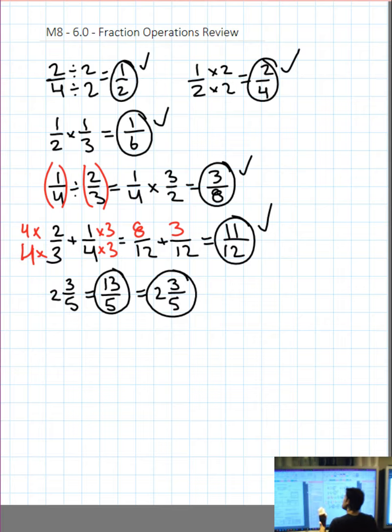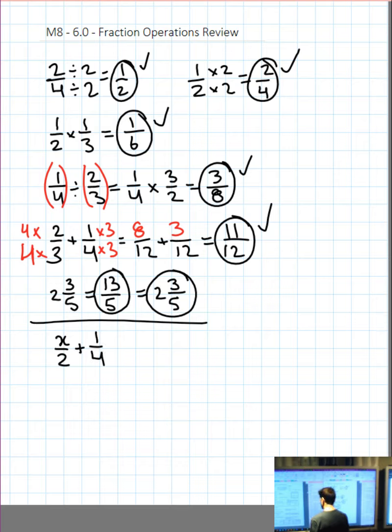And then there's a few more little things at the bottom of the page, which we're just going to briefly look into. So if I take a look at an equation x/2 plus 1/4 equals 3/4. Now, in later chapters, we are going to take a look more at these equations and how to work on them.